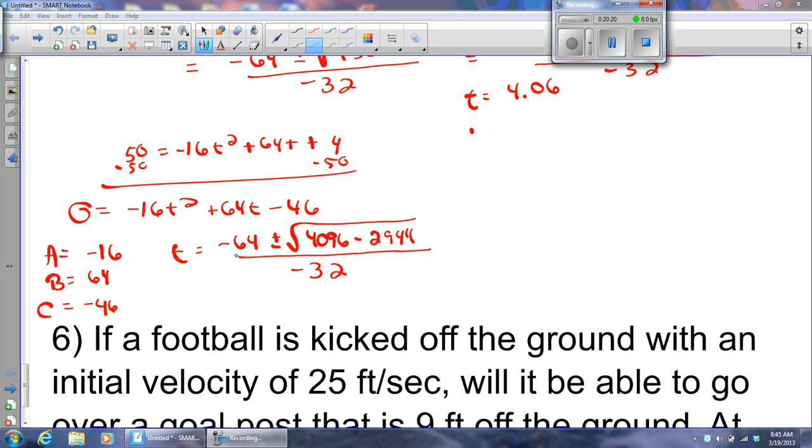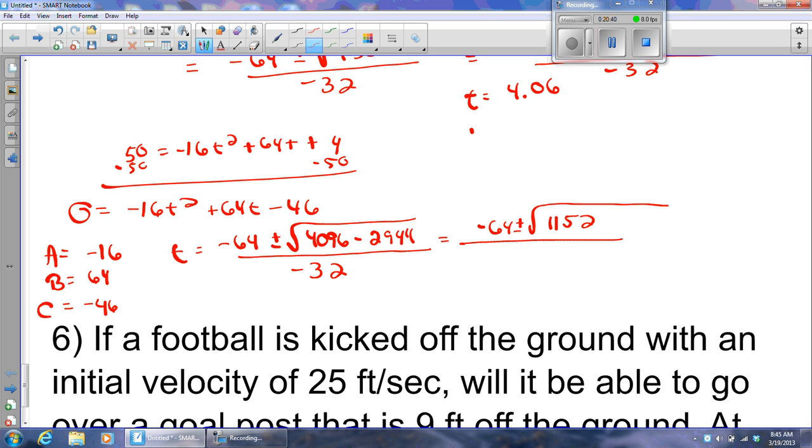There's negative b. There's b squared. And this is 4ac, and it ends up being negative this time. And so now I can simplify further, and I'm going to get negative 64 plus or minus the square root of 1,152, divided by negative 32.